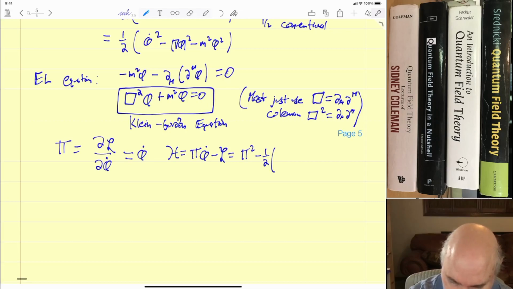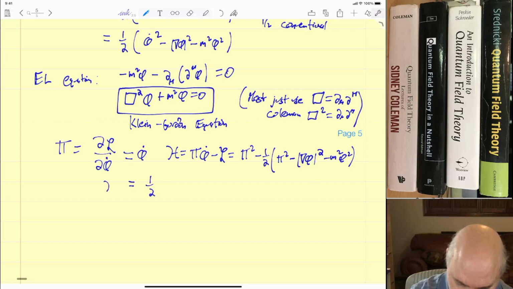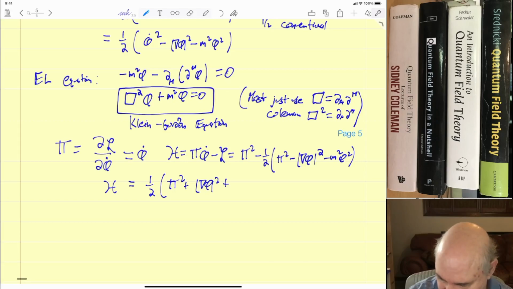Remember, phi dot is equal to pi, so we can make that pi squared minus del phi squared minus m squared phi squared. So this is equal to 1/2 pi squared plus del phi squared plus m squared phi squared. As you can see, it's positive definite.